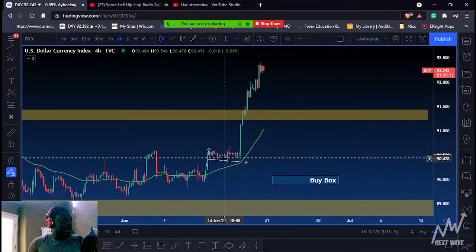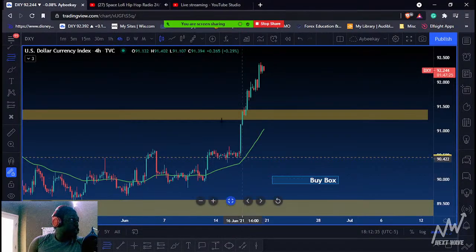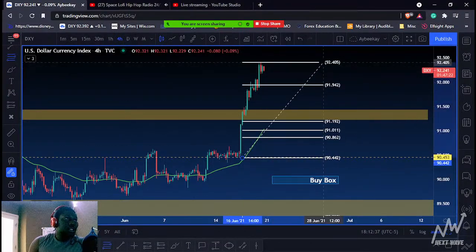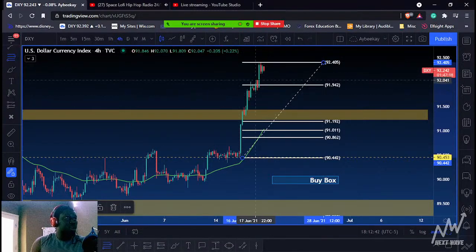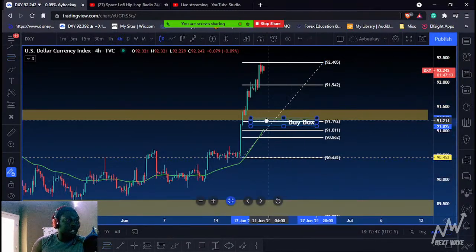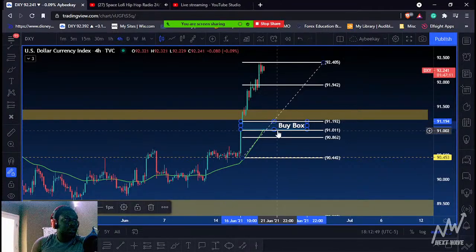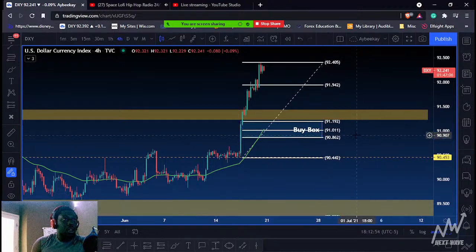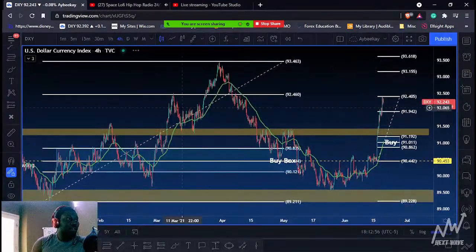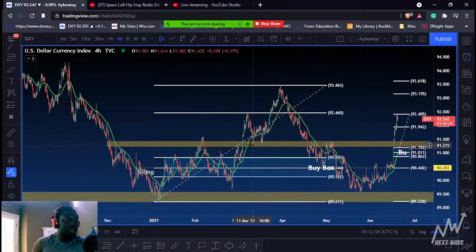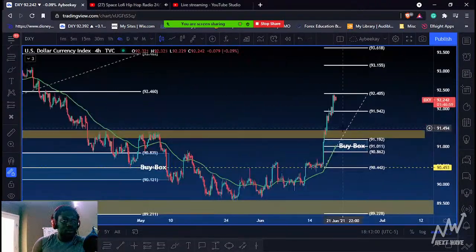There's 1 or 2 things that could happen, and unfortunately, the first one isn't the one that I would necessarily want. Price can start from where this bullish movement really happened, coming to this buy box and doing a retracement, which, if you look at it, has broken through the structure that was broken previously.